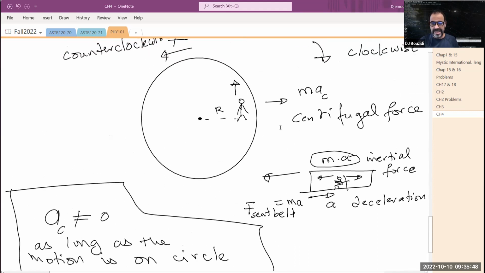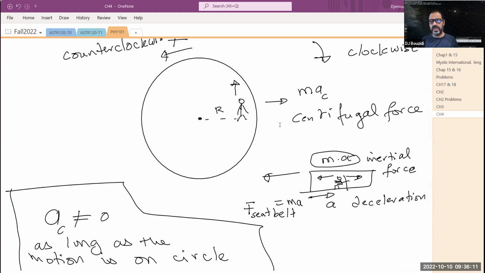So in this case, if you don't hold firmly to some sort of handles, that will provide you with a force equal to your mass times the centripetal acceleration. If you don't do that, you're going to fly away. And also the ground, usually you have to have good shoes to firmly put your feet on it.